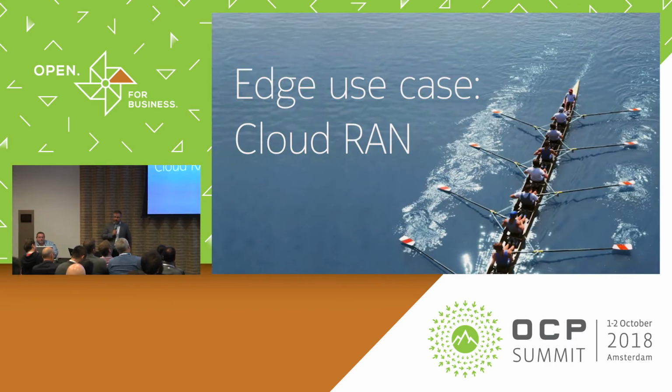Some of the use cases that are requiring the edge cloud deployment are, for example, Cloud RAN, very important use case, for example, for Nokia and for operators. We see that cloud actually brings a lot of flexibility also for the radio access network, and eventually utilizing virtualization for different layers of the access.